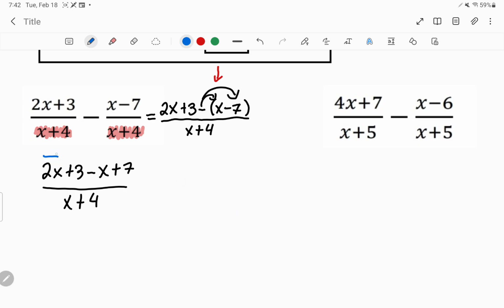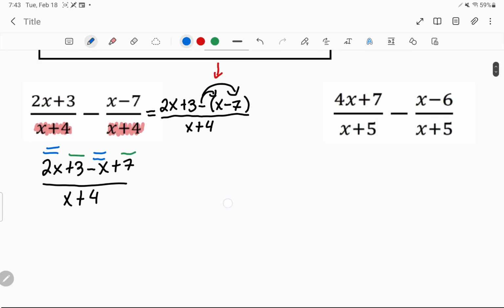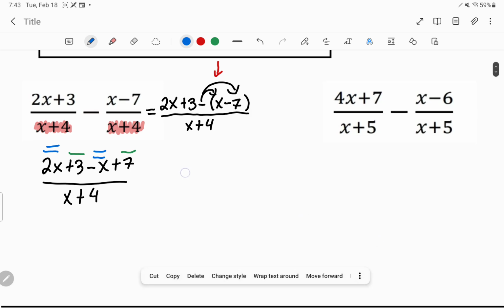Again, I'm going to go back and combine like terms. I know that one combines with this, and this is going to combine with that. Let's start with our x's. So over here, 2x minus 1x is x. Three plus 7 is 10.